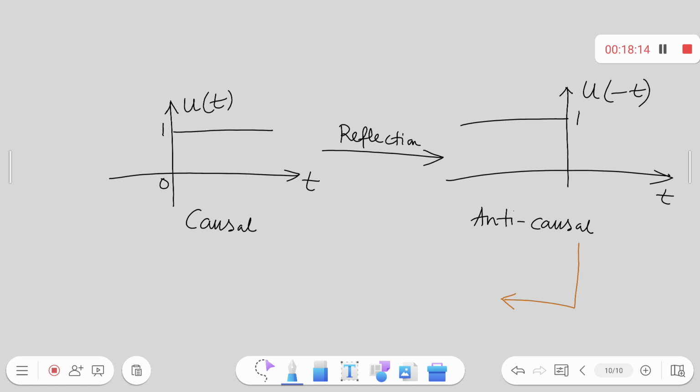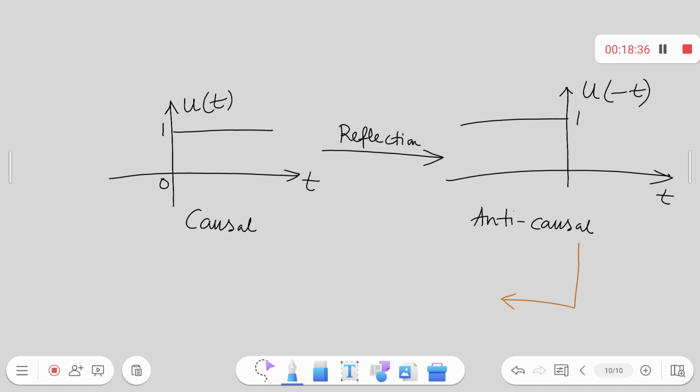As you know, anti-causal is a part of non-causal, but in the true sense it doesn't obey the bigger perspective. So I would like to make it not only anti-causal, but non-causal. So how can I do that from anti-causal to non-causal?